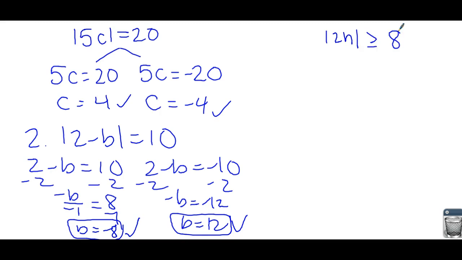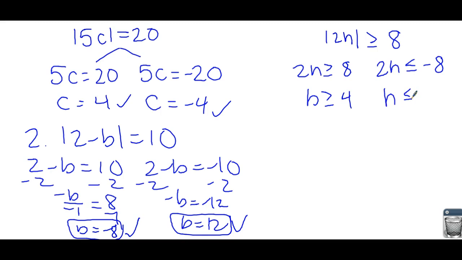So that means we're probably going to go in opposite directions. So you have 2h is greater than or equal to 8, and 2h is less than or equal to negative 8. Solving for h by dividing both sides by 2, you get h is greater than or equal to 4, and h is less than or equal to negative 4.